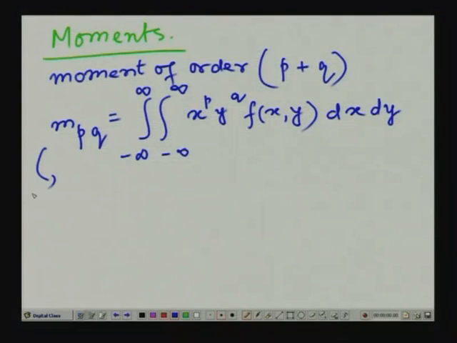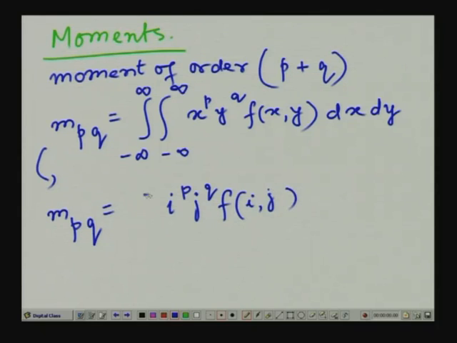In the discrete case, this expression is converted into m p q equal to the double summation of i to the power p, j to the power q, f i j, where j varies from minus infinity to infinity and i also varies from minus infinity to infinity.